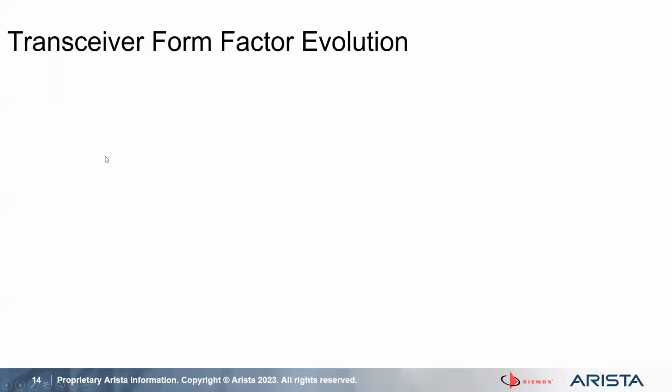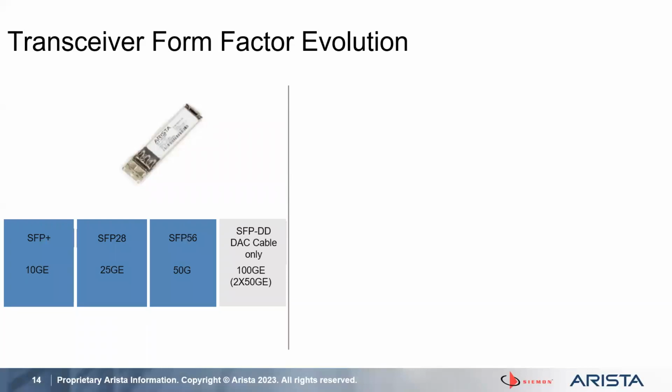So I'm going to go ahead and start, for a little bit of background for folks, and go through the evolution of the form factors itself, because there's been a lot of change over the years and different terminologies that not everybody might be familiar with. So if you look at the SFP family, it really started with the SFP Plus, and then the associated speeds that we see with each form factor.